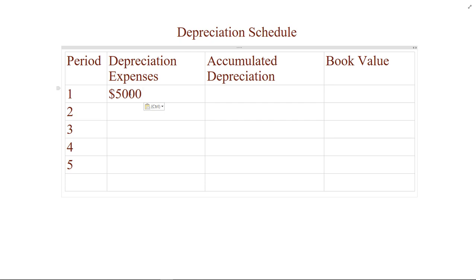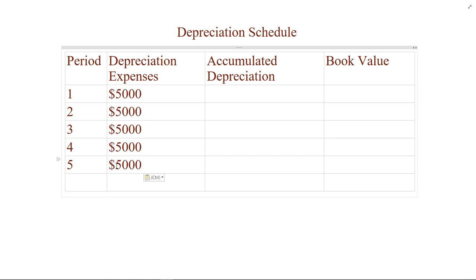In the straight line method, depreciation expenses would be equal for every year. In the first year, that's 5,000. In the second year, that's 5,000. In the 3rd year, 5,000. In the 4th year, 5,000. And in the 5th year, that is 5,000 USD.